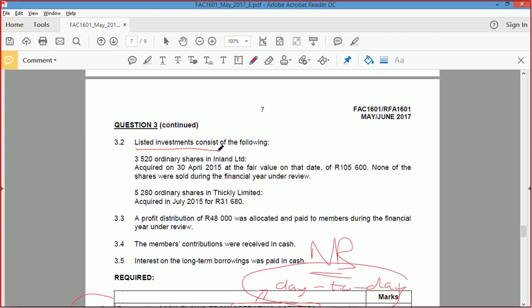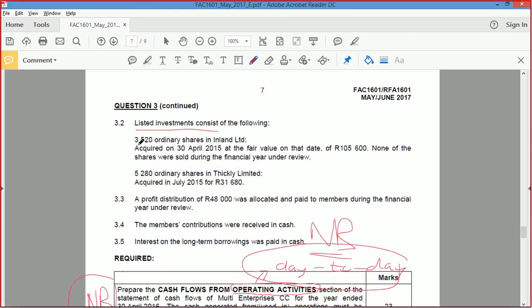Let's look at the next point. Listed investments. Here are shares: 3,520 ordinary shares in I Limited, acquired on that date at a fair value of that amount. None of the shares were sold during the financial year under review. Do I need this? No. Is this operating, financing, or investing?